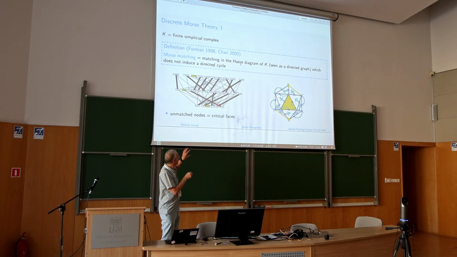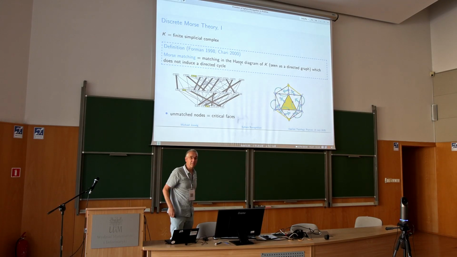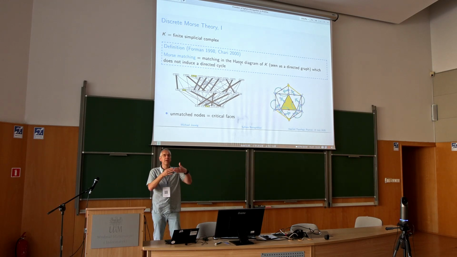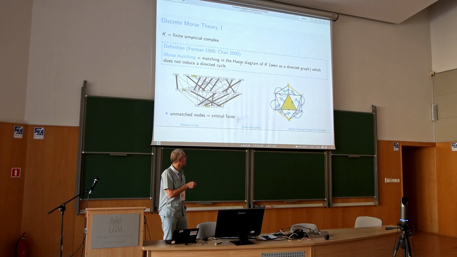And then these edges in the matching can be seen as inducing a flow on this manifold, which contains gluing information, how to produce a CW complex describing this projective plane.